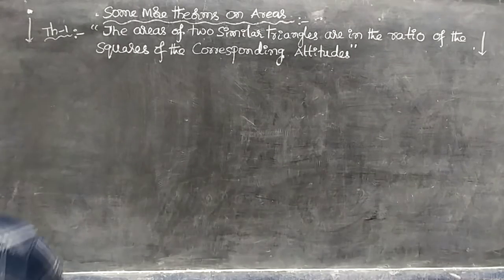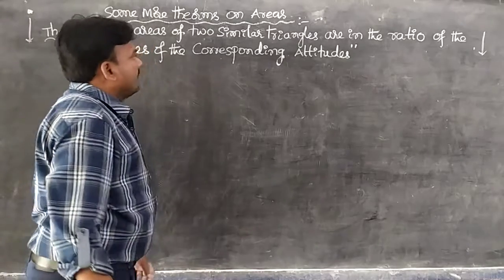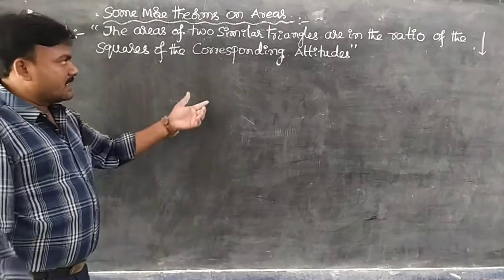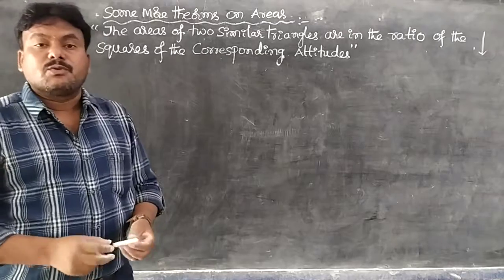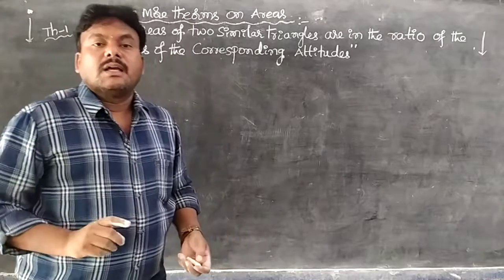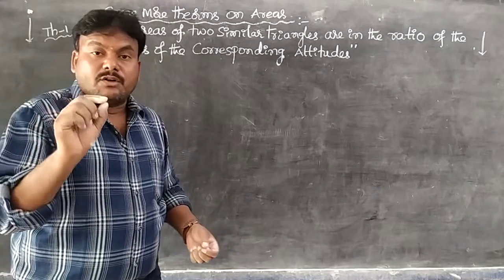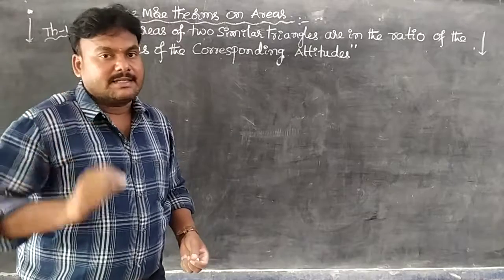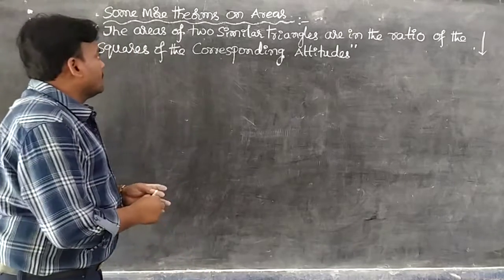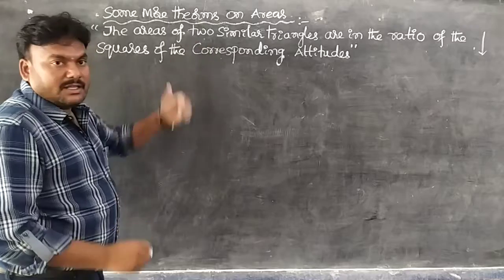Right, students. Observe some more theorems on related areas. Already we discussed that the ratio of areas of two similar triangles is equal to the ratio of squares of corresponding sides. Using that theorem, we prove the remaining theorems also.